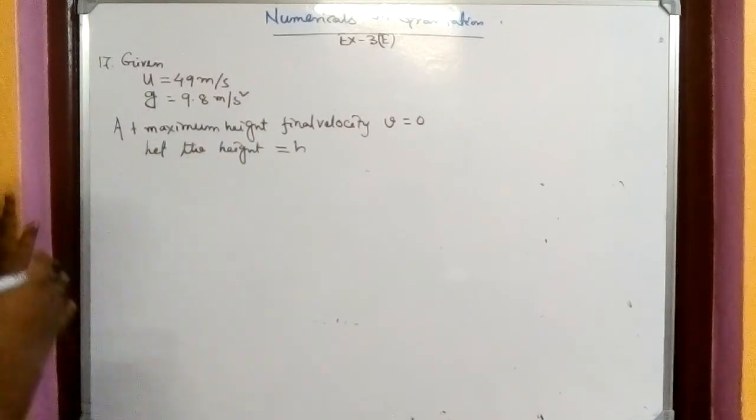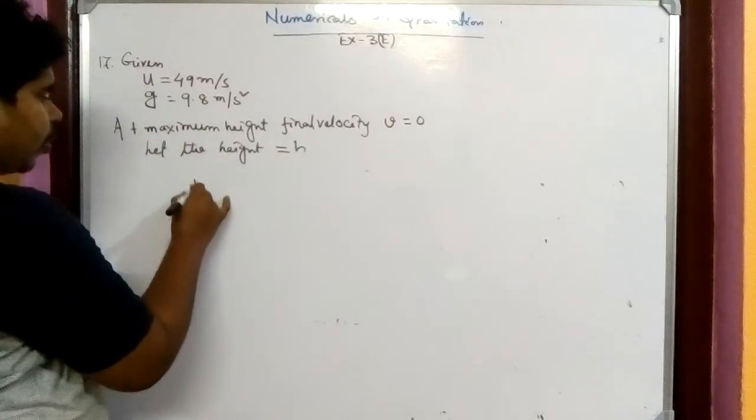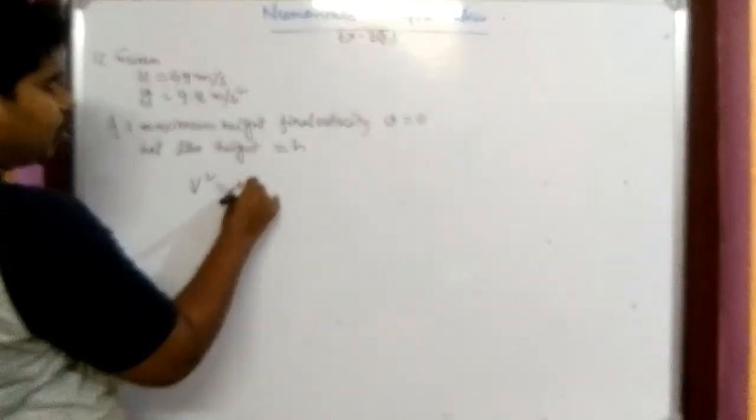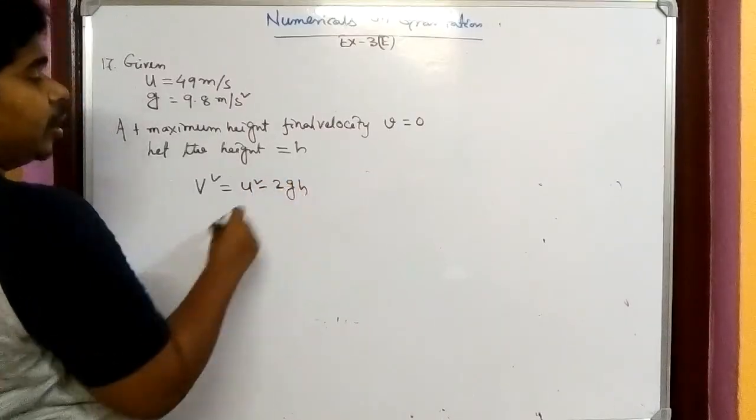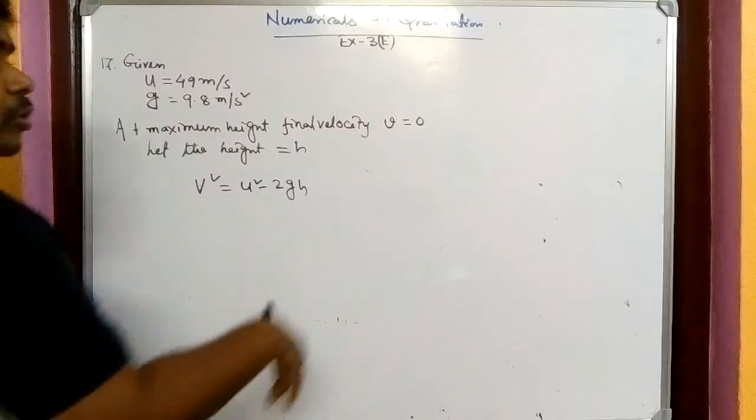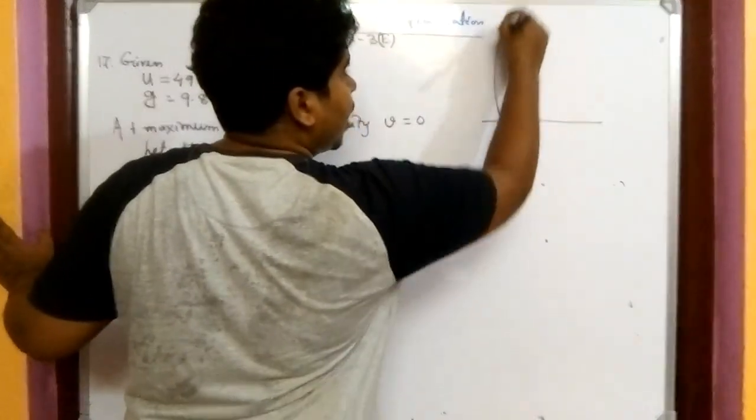Now the question is which equation we have to use. No time period is given, so we will go for v square equals u square minus 2gh. Here also we take minus because it is an upward motion.